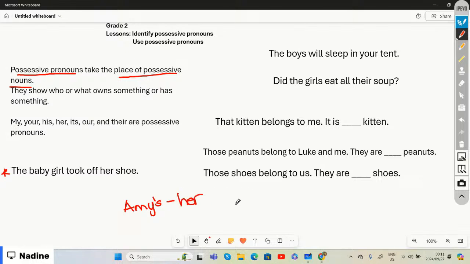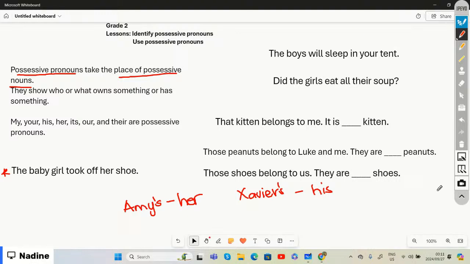Instead of saying it is Xavier's ball, we're going to say it is his ball, right? Instead of saying something belongs to two or more people, we're going to say it is theirs. Something belongs to me and my friend, it's ours, right? Something belongs to you, it is yours.